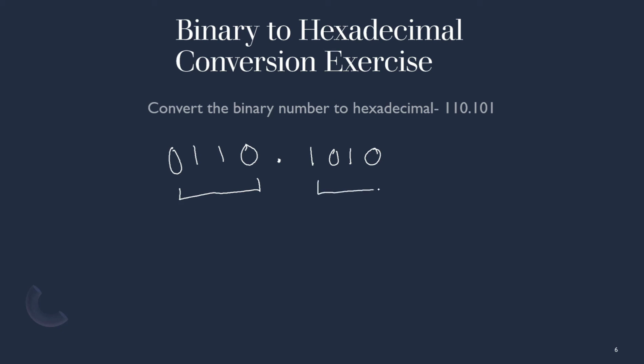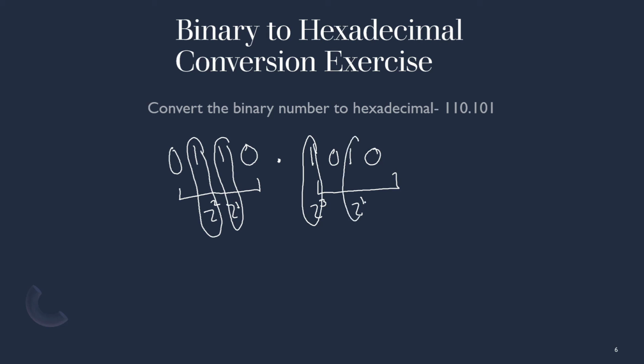Now let's do that. So here's 2 to the 1, here's 2 to the 3, here's 2 to the 1, here's 2 to the 2. These correspond to the places with the 1s. And then we're going to add those. So it's going to be 4 plus 2, decimal, 8 plus 2.